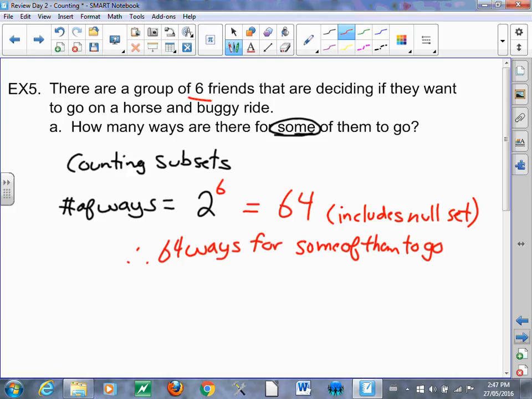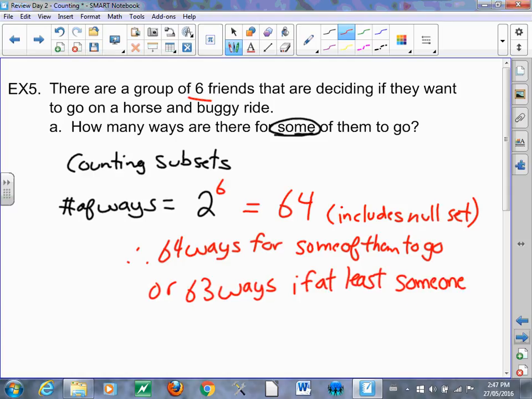Or 63 ways if at least someone goes. And that does not include the null set. Okay?